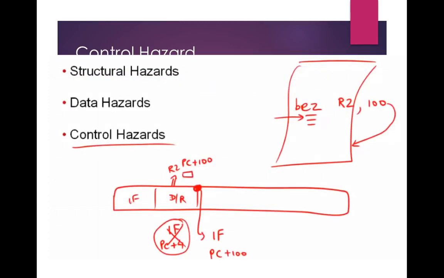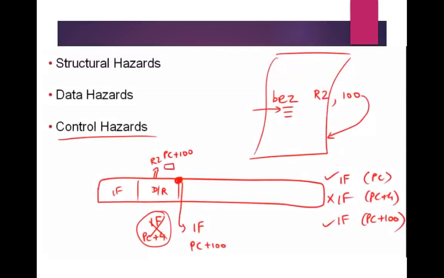So now we should not execute the fetched instruction as it is. What we have to do is discard its result: the program counter value which was incremented by 4 must instead become the value incremented by 100, as it is a branch instruction.